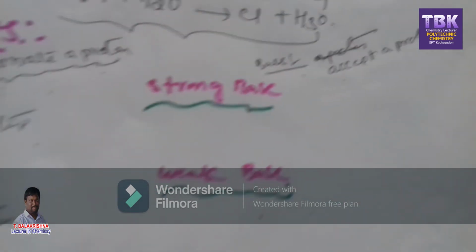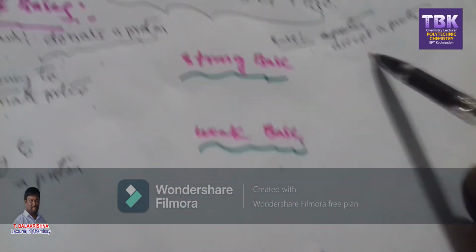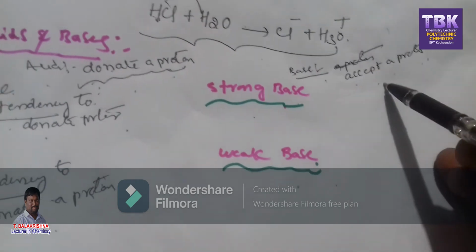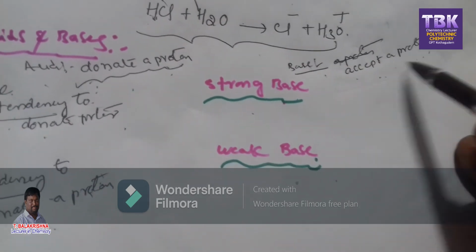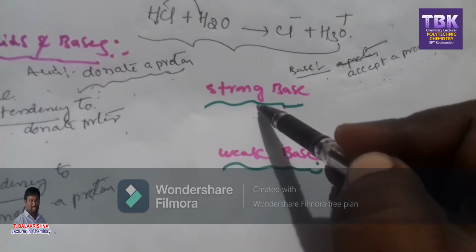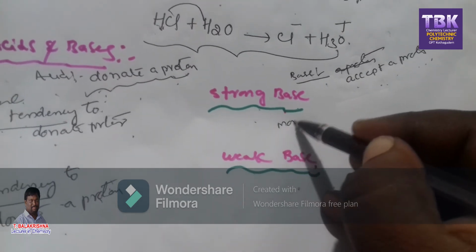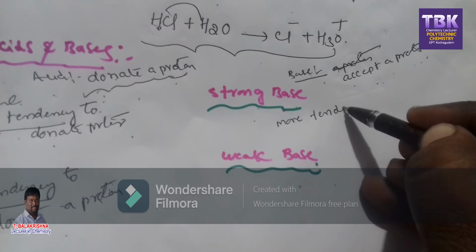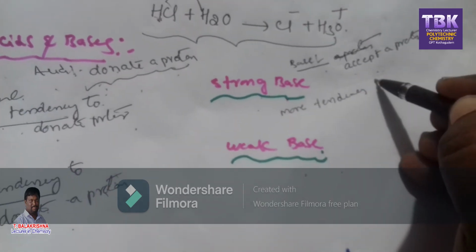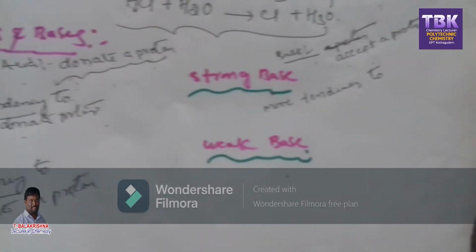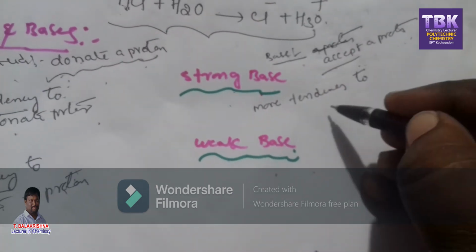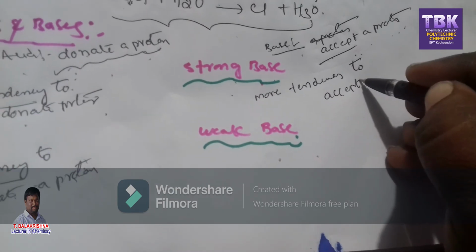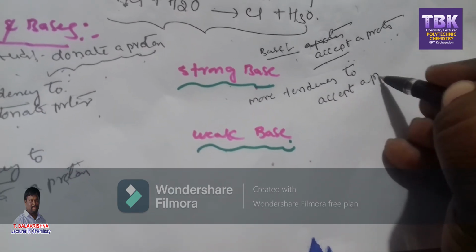Here the base concept depends upon acceptance of protons. So what is the definition of strong base? Acceptance of a proton is called base. A strong base has great tendency or more tendency to accept a proton.